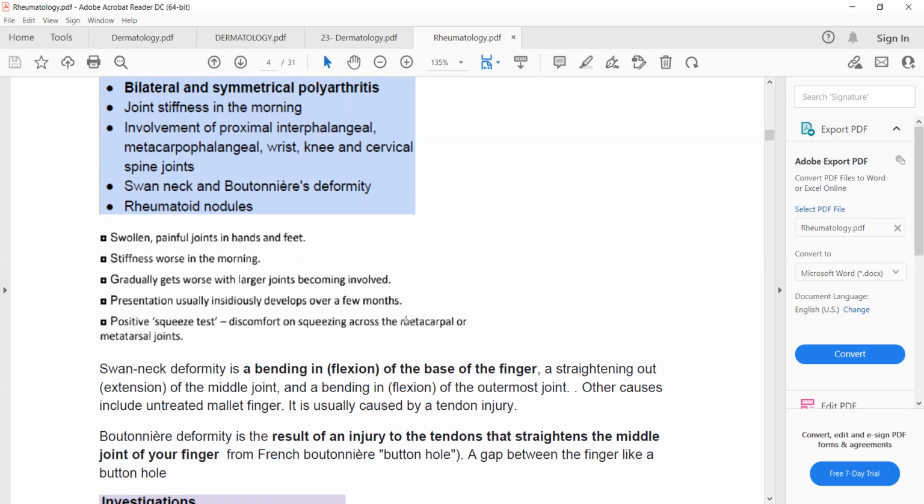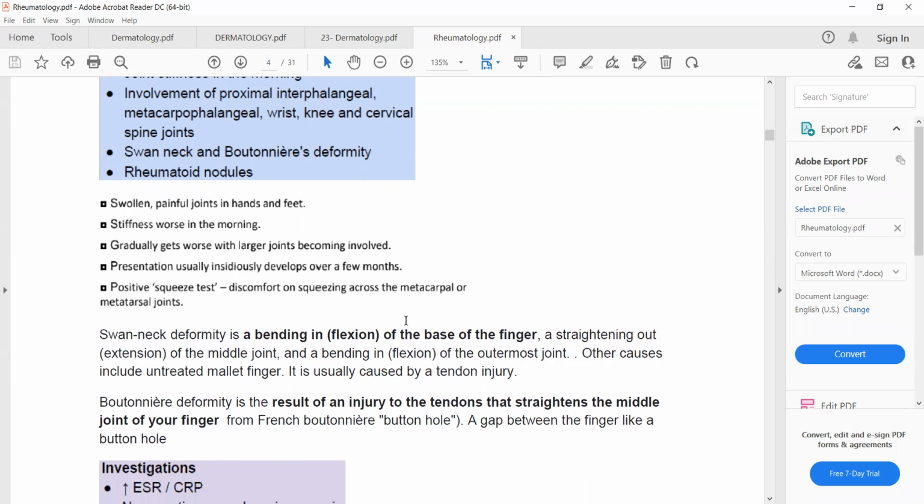If there is discomfort on squeezing across these joints, then we say the squeeze test is positive. So a positive squeeze test and joint stiffness or swelling that is worse in the morning and gets better in the evening, you will suspect rheumatoid arthritis.